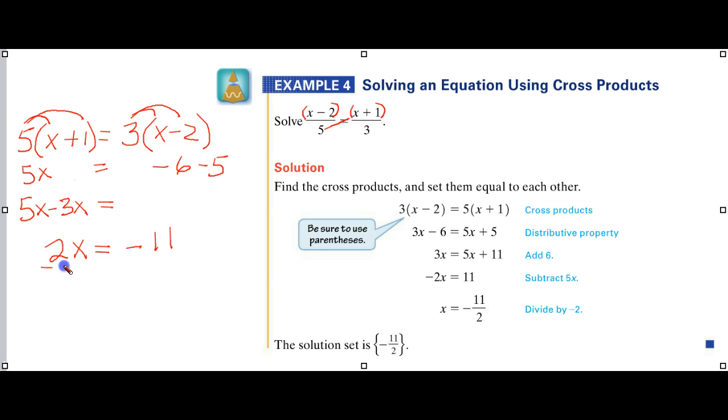Now we divide both sides by the numerical coefficient of the x, that is the number with the x. So this is 2 times x, and we're dividing it by 2. And we divide this side by 2. So here the 2's cancel out, and you're left with x equals a negative 11 halves. And that's what they've done. And you've used some of the skills of solving an equation through the cross products. We're multiplying the extremes and the means.